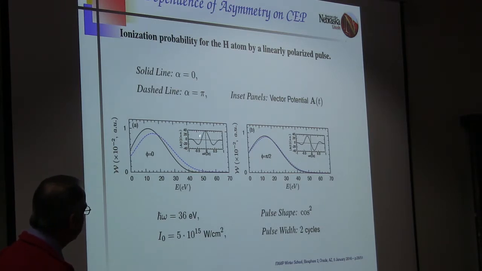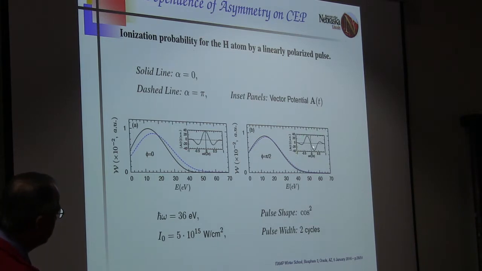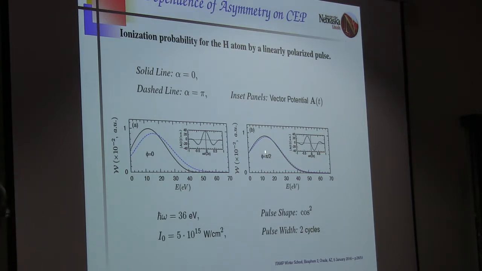And you can see why this is true, because here you have, this is much higher than at these ends. Whereas here you have a very symmetric behavior, positive and negative. And so here the asymmetries for this carrier envelope phase are rather small, whereas for this carrier envelope phase they're quite large.